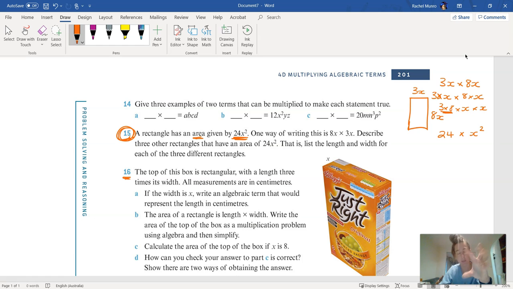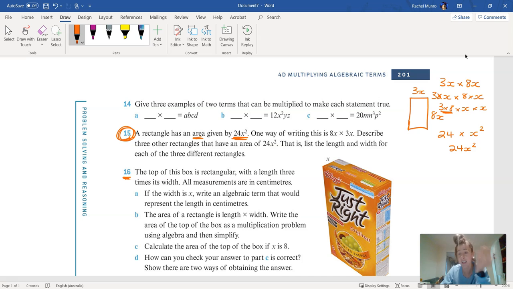Then I simplify it down even more by taking out that multiplication sign, and I end up with 24x squared. Okay, so that's one way that we could do this. There are more, so let's find 3 different rectangles that give us 24x squared.